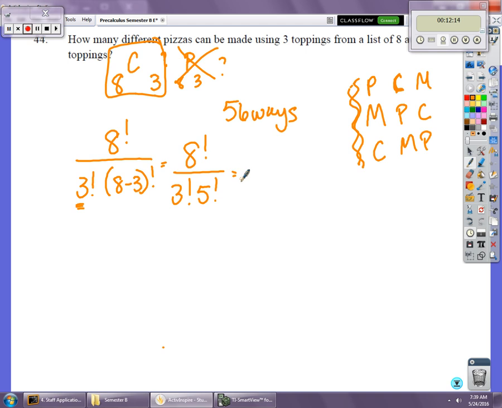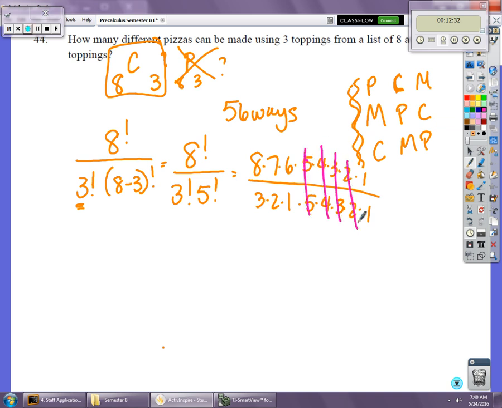Okay, and maybe I'll expand. As you notice right here, and what we talked about in my class, is as soon as I hit the 5, I should be able to stop writing all of those. I really don't need to write all of those, but for the purposes of this, I wanted you to see a little bit more of the expansion.